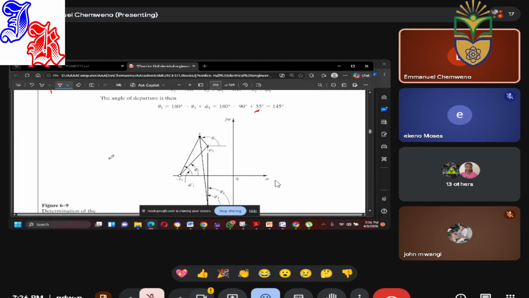Now, I will keep on writing. This is at -2. So this part of the locus goes to infinity. You have said now this is 145 and this is negative 145. So it will take off using that angle and then it will join at the breaking point. Breaking point: dK over ds is equal to 0.